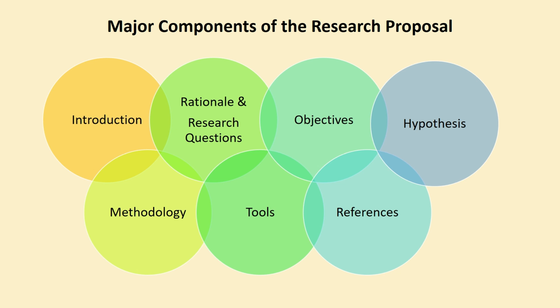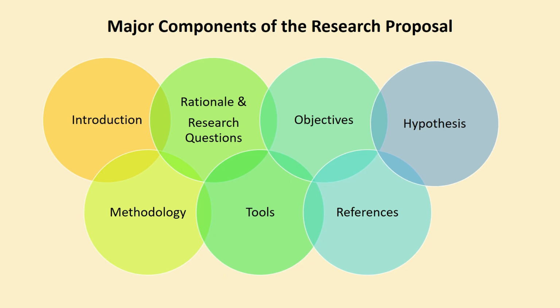We will discuss these in upcoming lectures, but we have to understand this basic preliminary idea of the components of the research proposal, because, my dear learners, if you do not plan all these components systematically and properly, it will make your proposal vague.